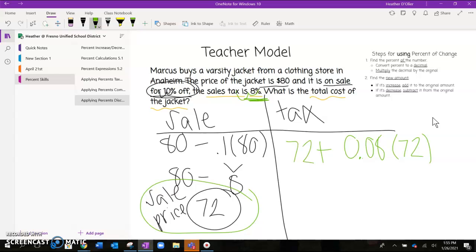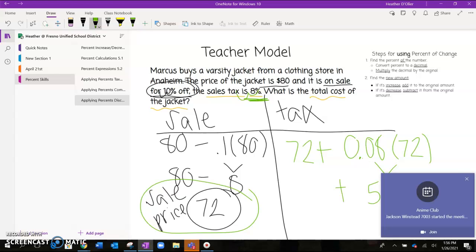They're going to add it to the original 72. Well, not original, the sale price of 72. So now I multiply before I add. Multiply that 0.08 times the $72. And this tax is going to be about $5.76. Remember, that's not the total cost.